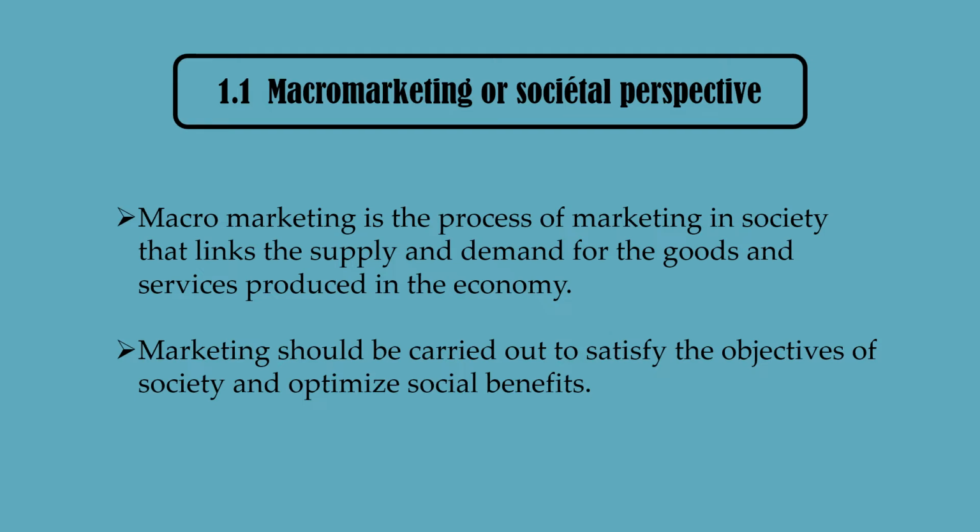So the main goal in this case is linking supply and the demand of goods produced in the economy. So marketing should be carried out to satisfy the objectives of society and optimize social benefits.